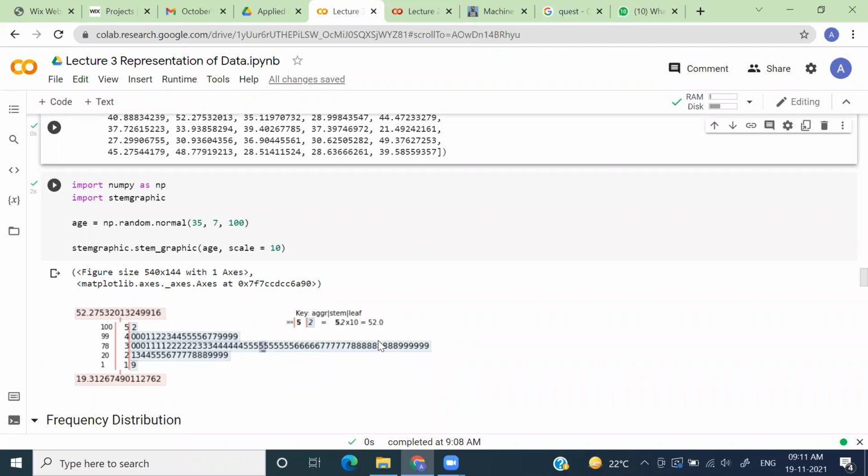Now just answer me one question. What is the typical interval where you see the majority of people falling, whether it's an age group of 0 to 10, 20 to 30, 30 to 40? What is the typical interval in which the majority of my people's age is falling?